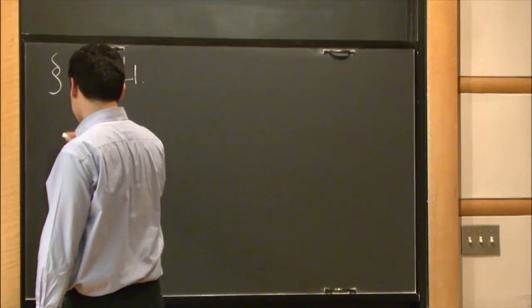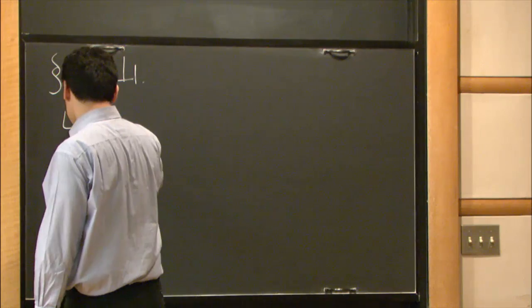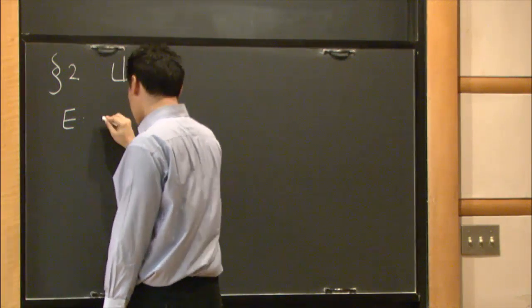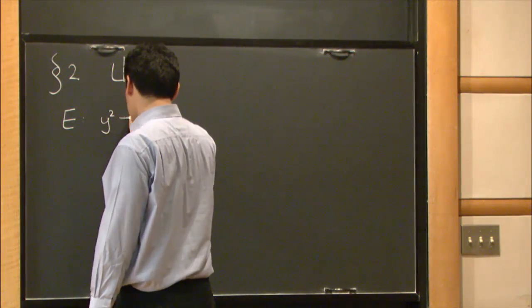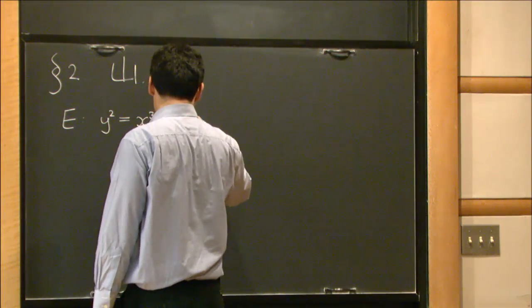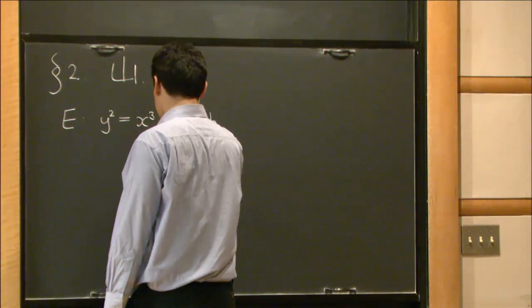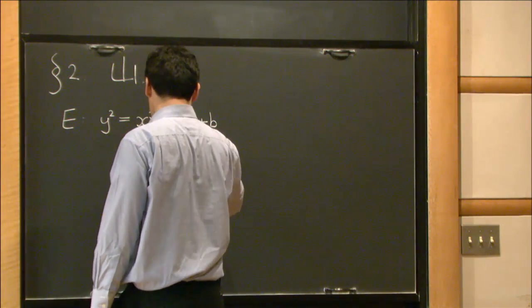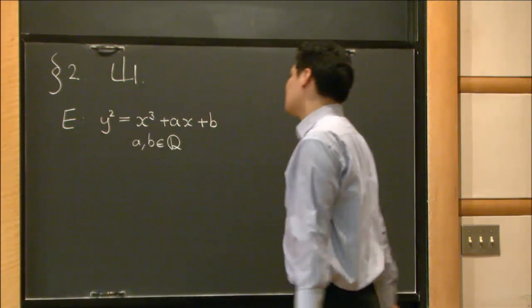Here's the beginning of the story. Let's look at an equation. It's called E in two variables. Y squared equals x cubed plus ax plus b, where a and b are in Q, rational numbers.